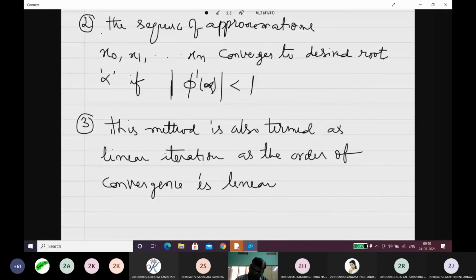This is very, very important. Order of convergence is linear. Order of convergence of iteration method is linear.